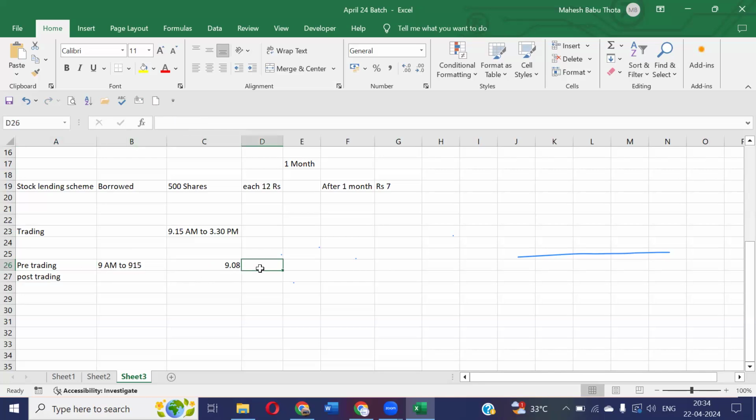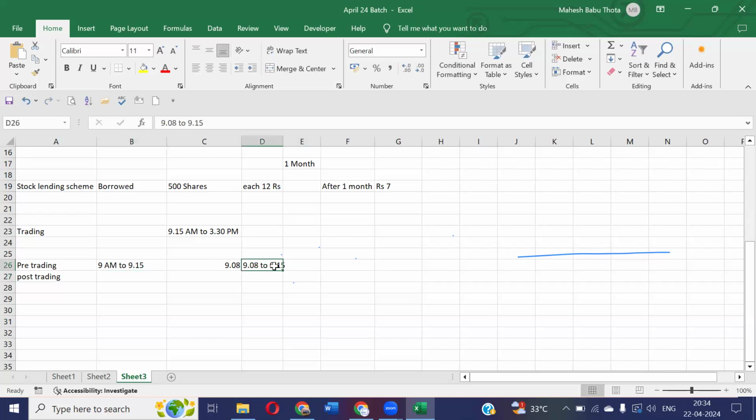From 9:08 to 9:15, order matching will be done. They will try to match the orders. Whatever order matches at 9:15, that order only will be executed.